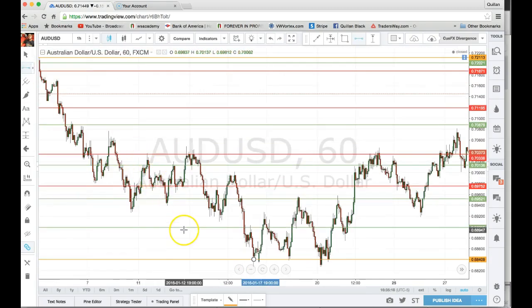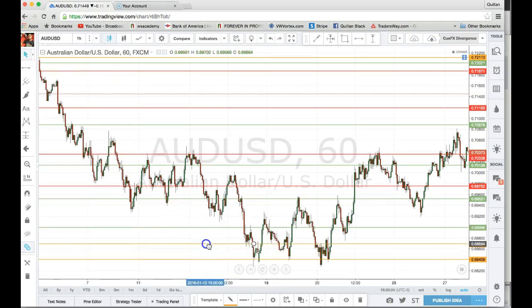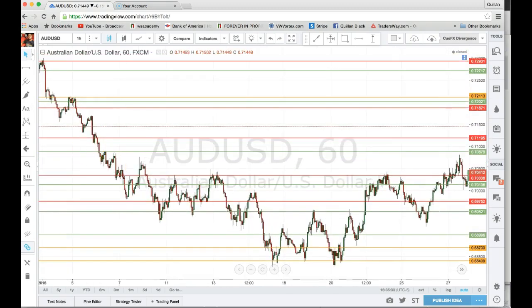And remember, this is support and resistance HD. Very, very in-depth. Okay, once again, this right here was the median. That was the median. Right here was the median.